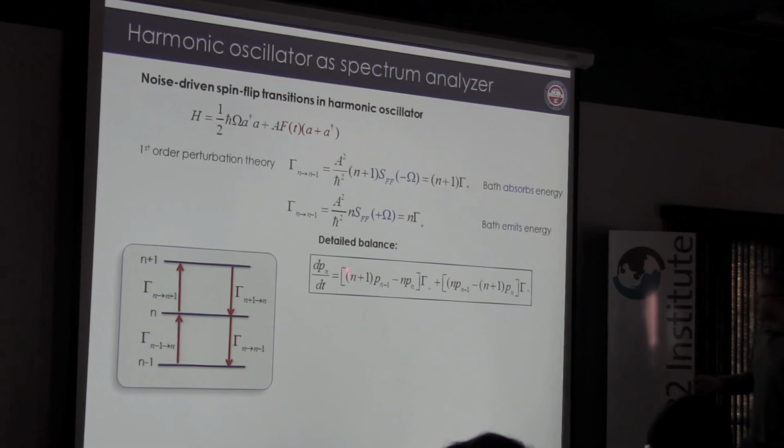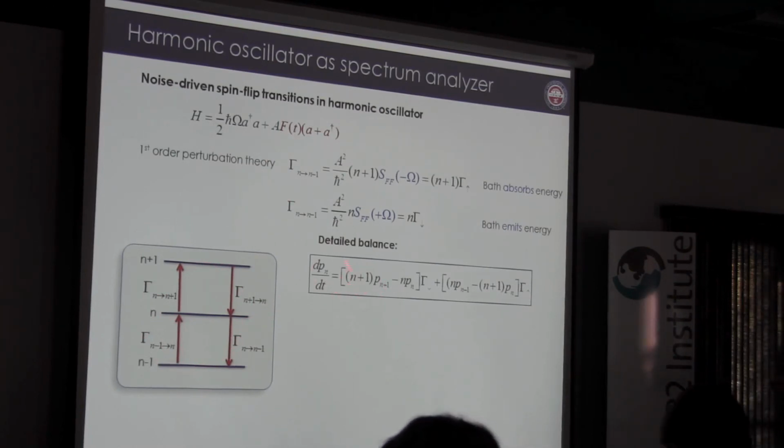I can look at the probability of being in each state, and it's basically proportional to the two different rates: I add the probability if I'm coming from above. So this rate here and this rate here add the probability that I'm in state n, and then adding these rates together, subtract from the probability that I'm in state n.